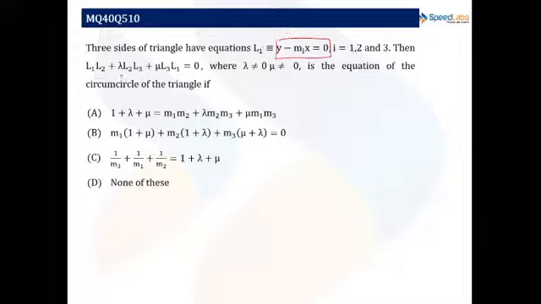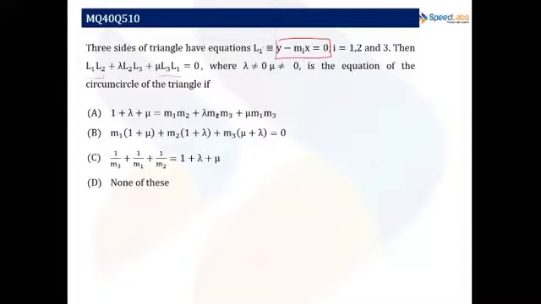Then L1L2 plus lambda times L2L3 plus mu times L3L1 equals 0 is the equation of the circumcircle of the triangle if. So it will represent a circumcircle of a triangle if this equation will represent a circle.